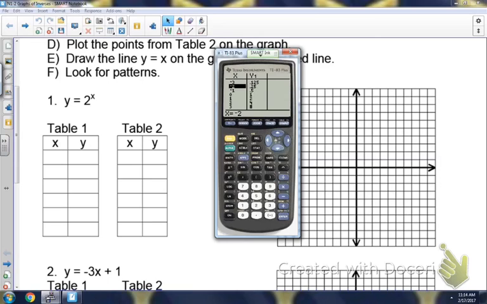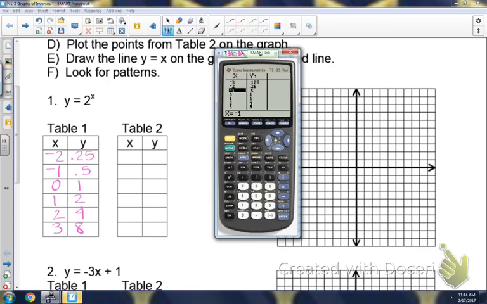Let's go from -2 to 3. So -2 would be 0.25, -1 would be 0.5, 0 gives 1, 1 gives 2, 2 gives 4, and 3 gives 8.